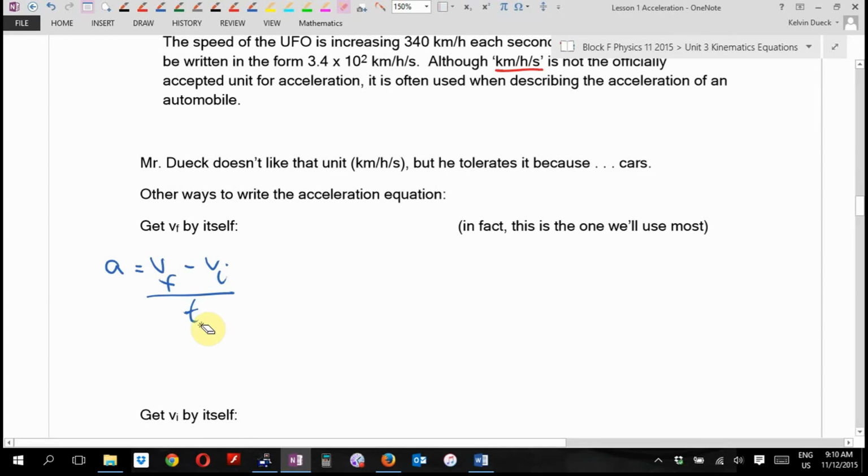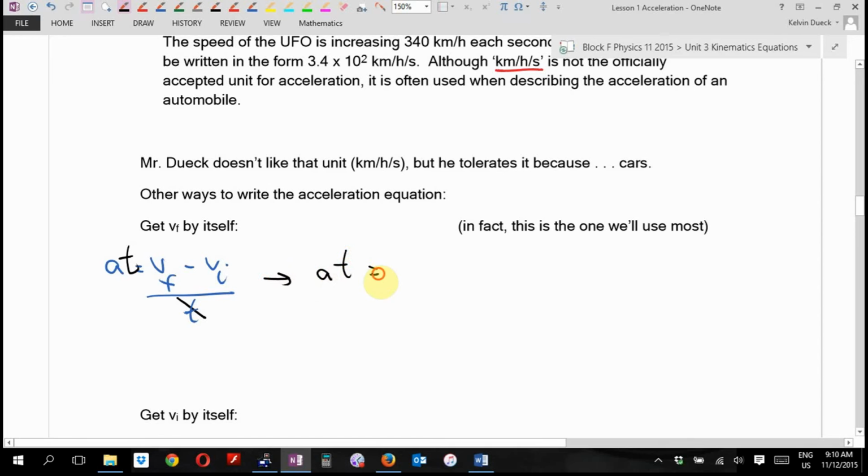So if I wanted to move it to this side, dividing everything by T on the right is the same as what on the left? So all of you right now, cross out this T and put it right there. I could have put it in front, but it's traditional to write AT, not T times A.